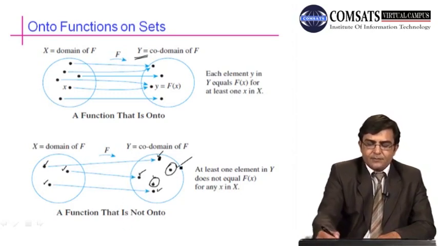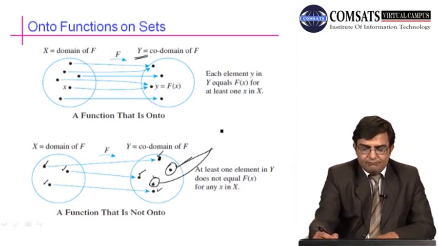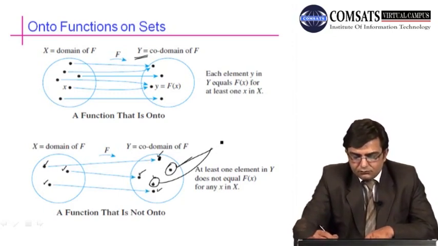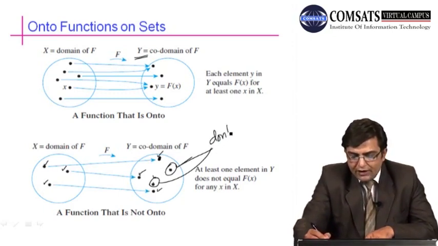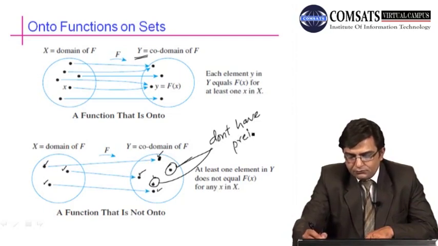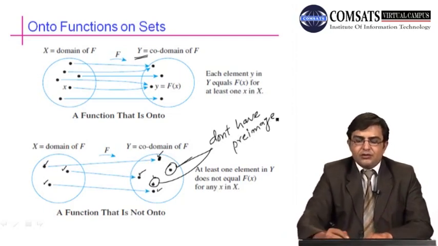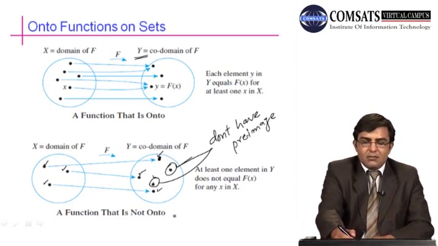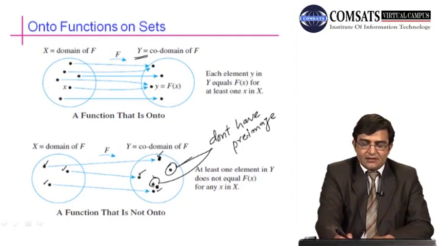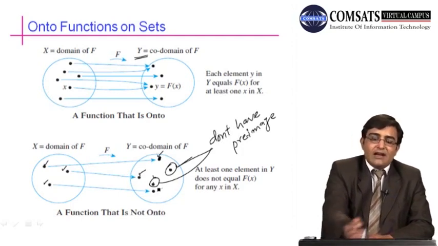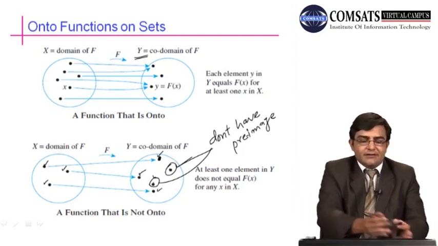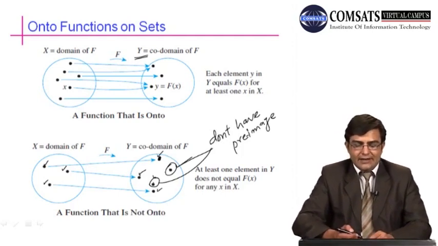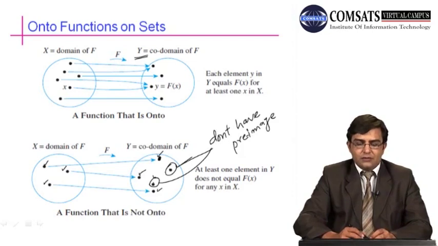These two elements don't have a preimage. Or you can say that there exist some elements in the codomain set which don't have a preimage, which are not related with the elements of X. So such functions are not onto functions.